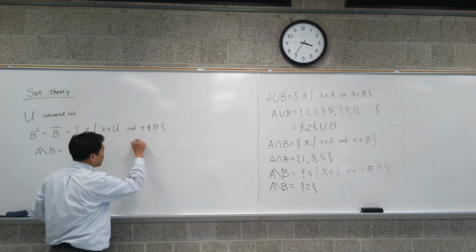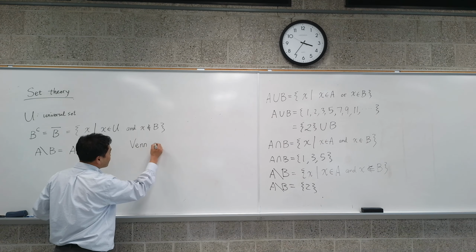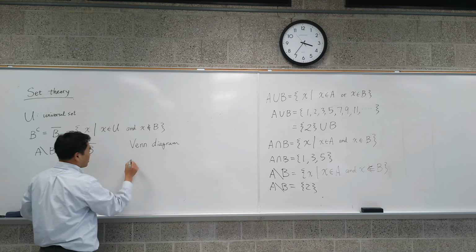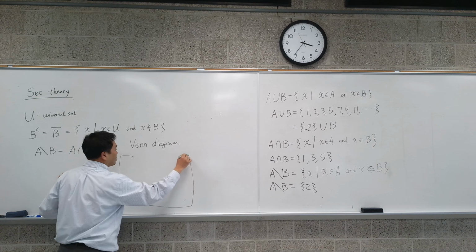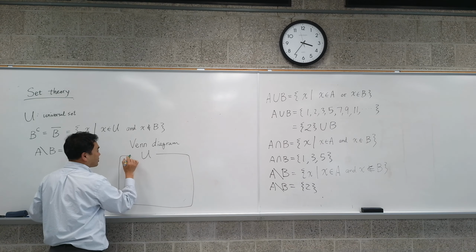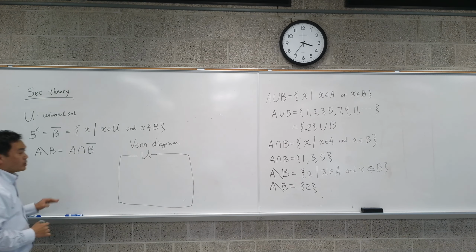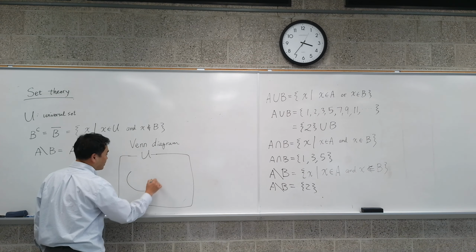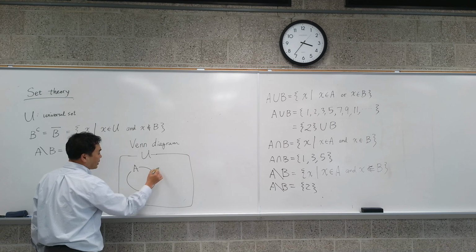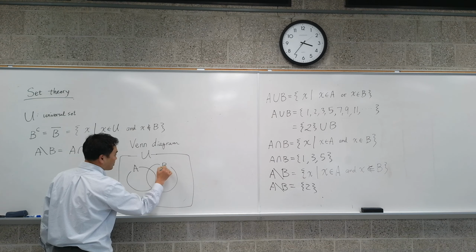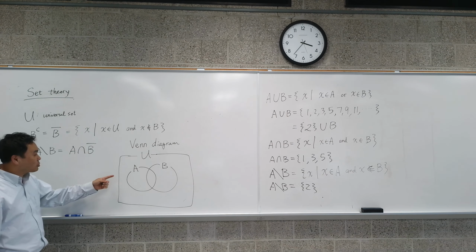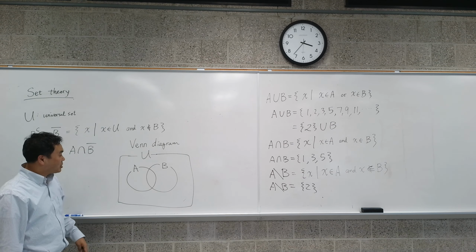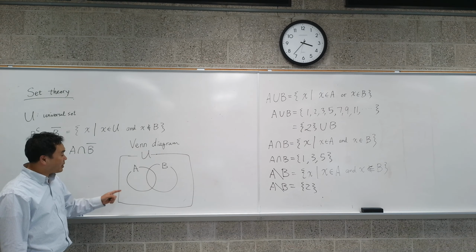So there's something called a Venn diagram, where you think of a universal set, and let's say here's set A, here's set B. The most generic configuration of two sets, because it contains all possible things.